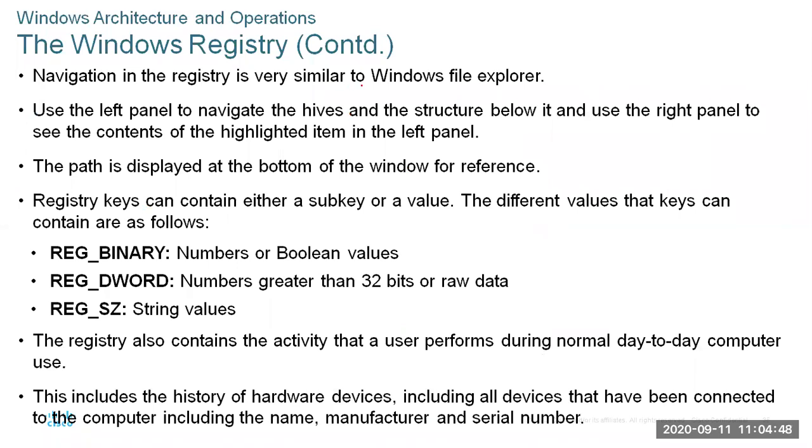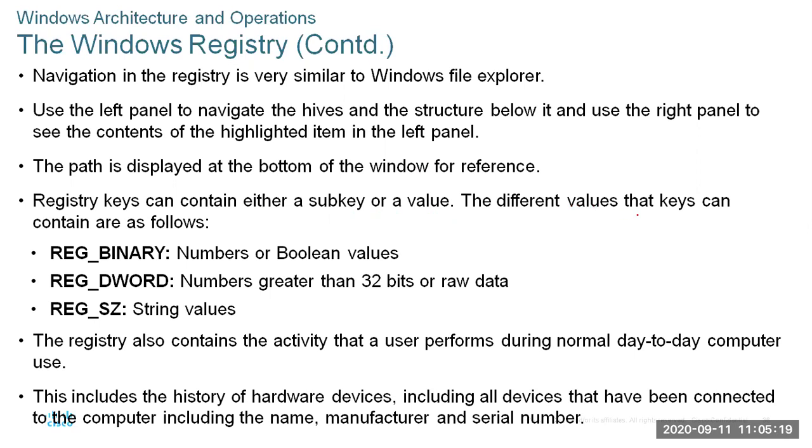Navigation: the registry is similar to Windows File Explorer. The left panel is used to navigate the hives and the structure below, and the right panel shows the content of the item highlighted on the left. The path is displayed at the bottom of the window for reference. Registry keys can contain either a subkey or a value.